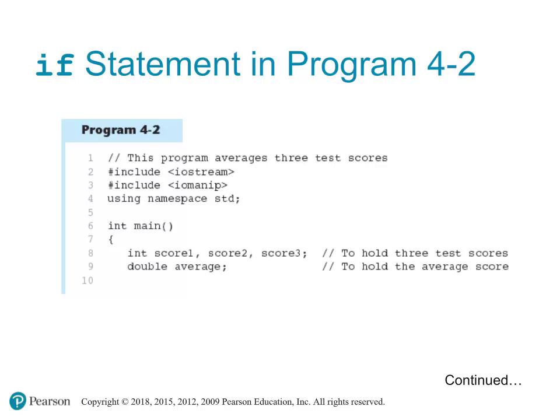Using namespace std is used for convenience. 3 integer variables, score1, score2, and score3, hold the test scores. The average is a variable to hold the calculated average. It is declared as a double type.